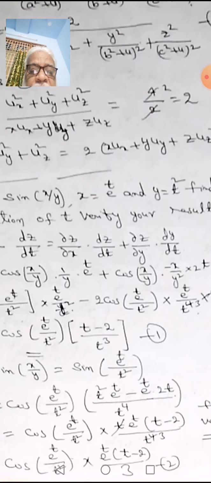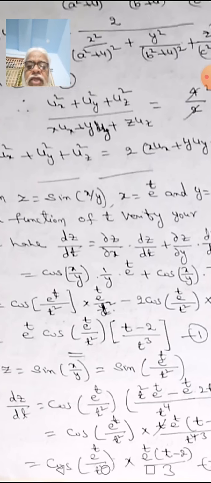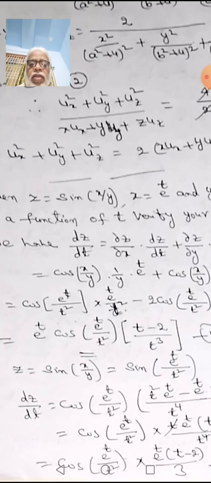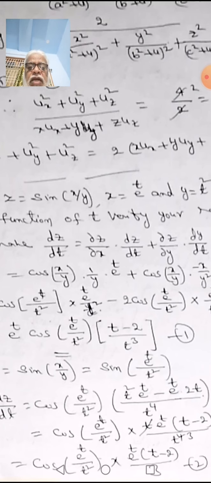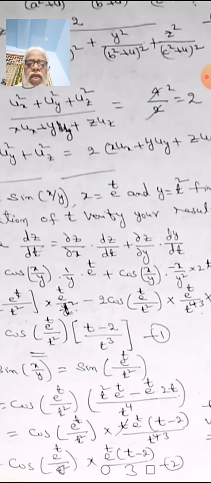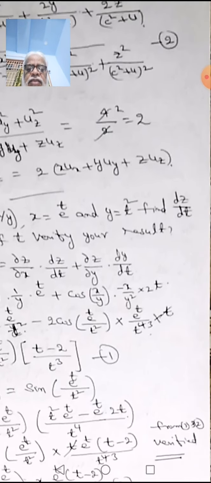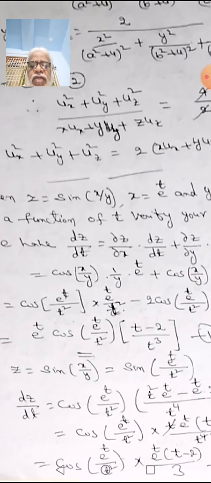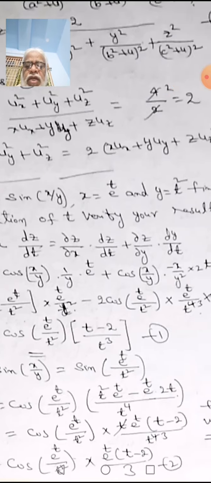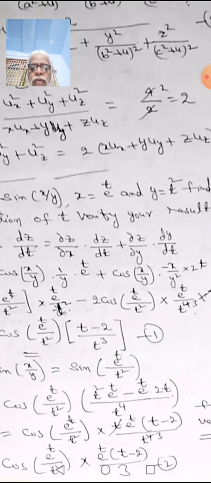That's why we apply here the u by v method in general differentiation. It is in the form of e^t/t², that is u by v form. So cos(e^t/t²), the common term here is t e^t, remaining is t minus 2 by t⁴, where t cancels, that is cos(e^t/t²) into e^t (t minus 2)/t³.